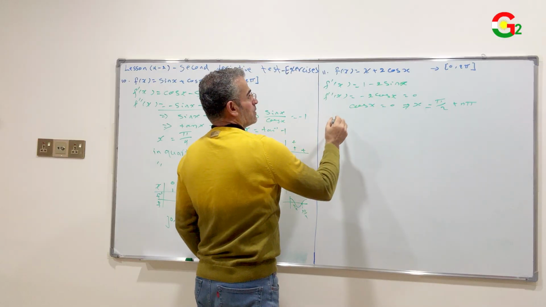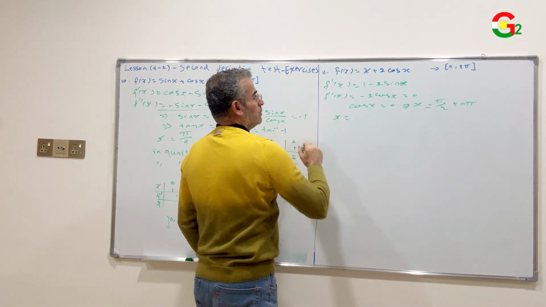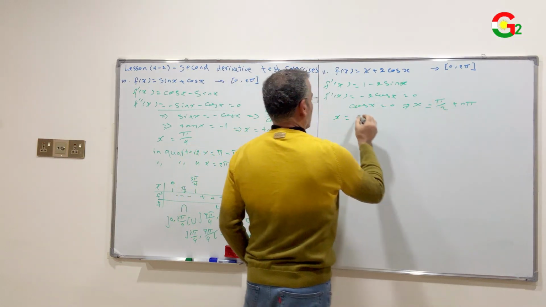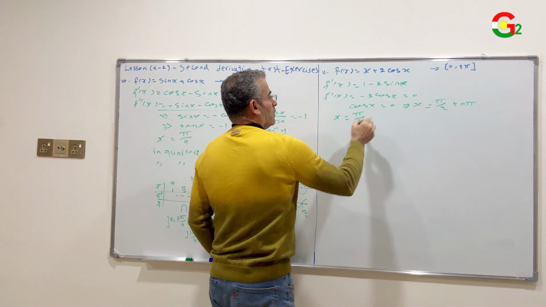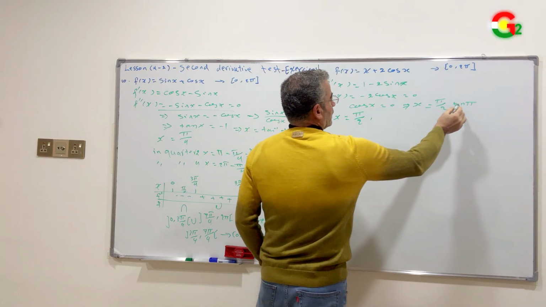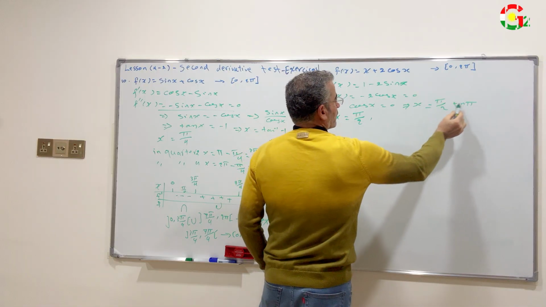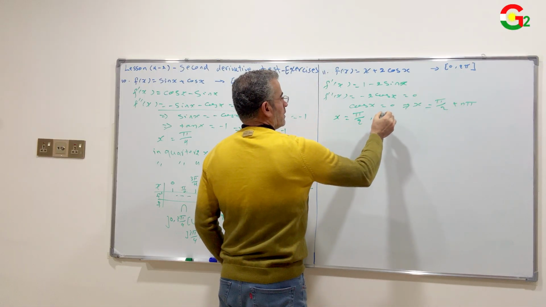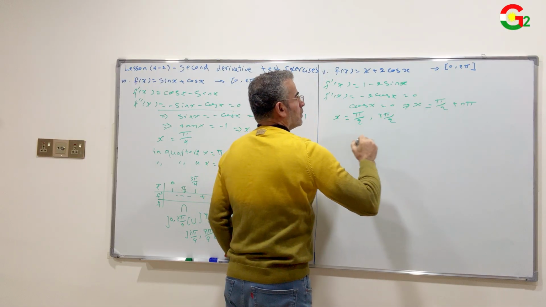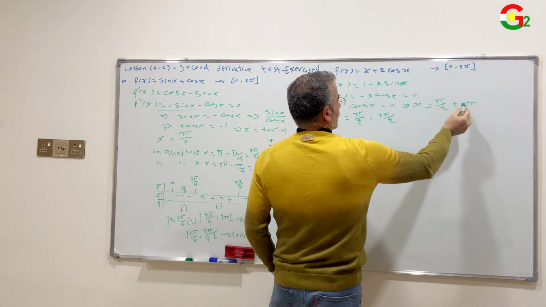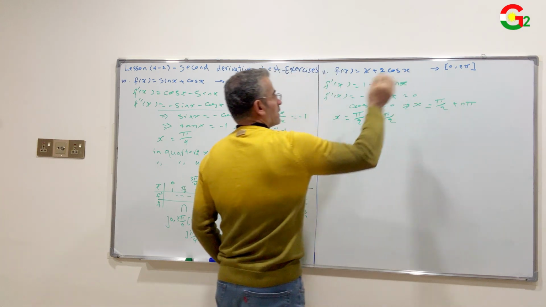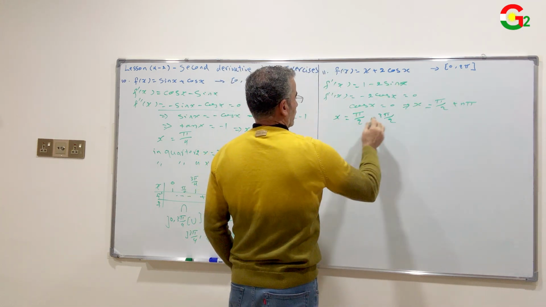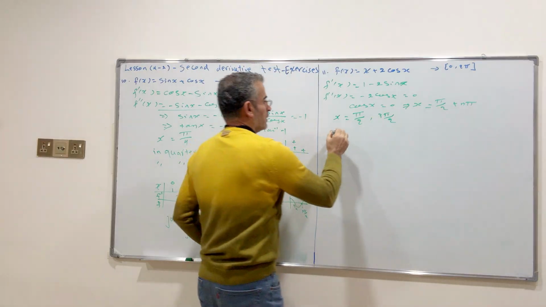In the interval 0 to 2 pi, when n is 0, pi over 2. When n is 1, pi over 2 plus pi, 3 pi over 2. When n equal 2, it is greater than 2 pi. Therefore, we have two critical points.